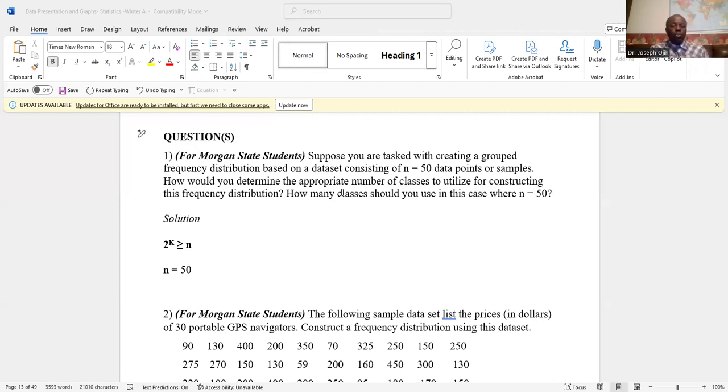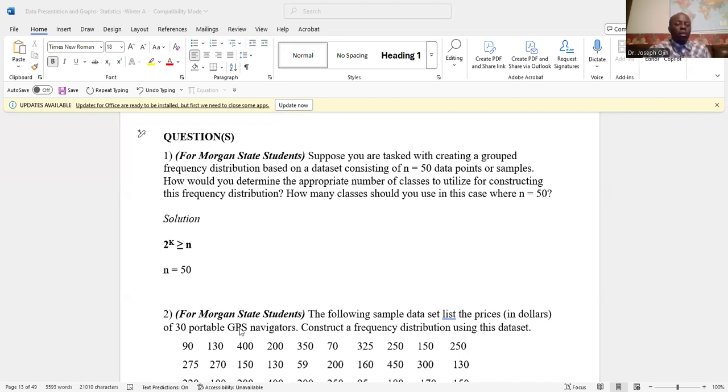And how many classes should you use in this case, where n is 50?